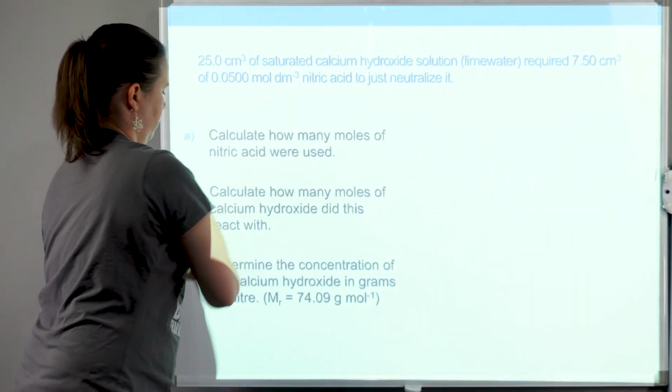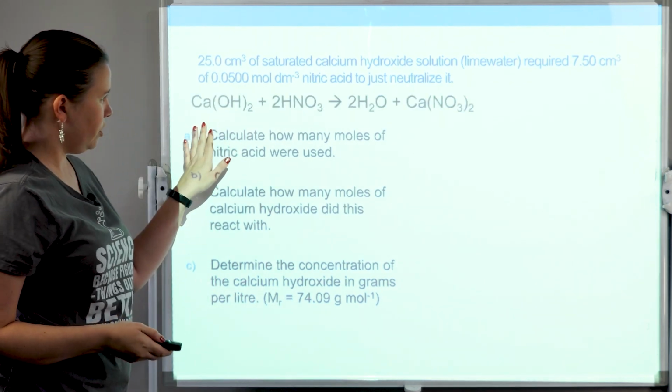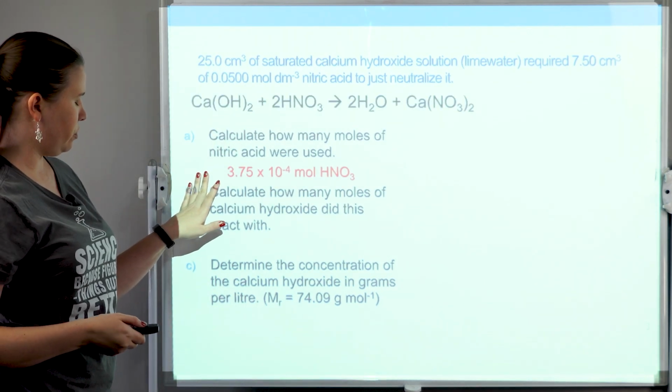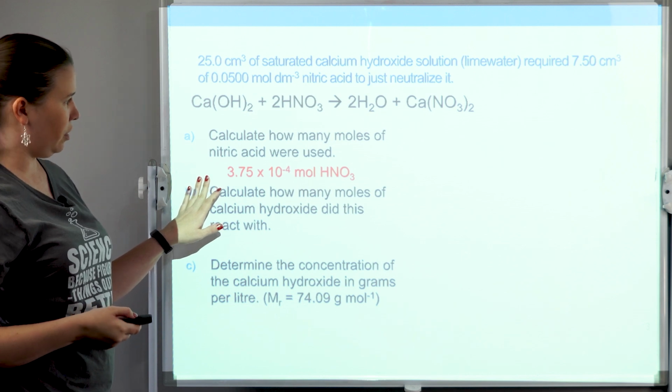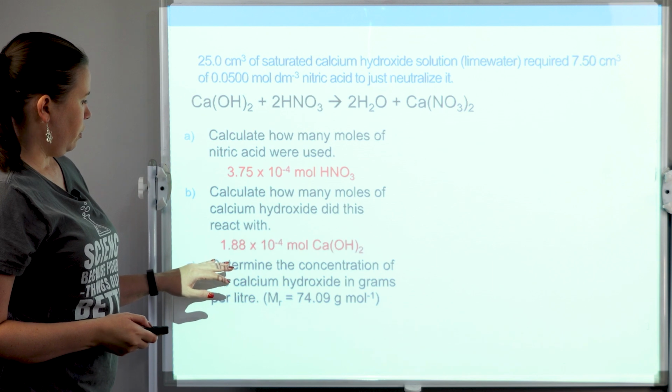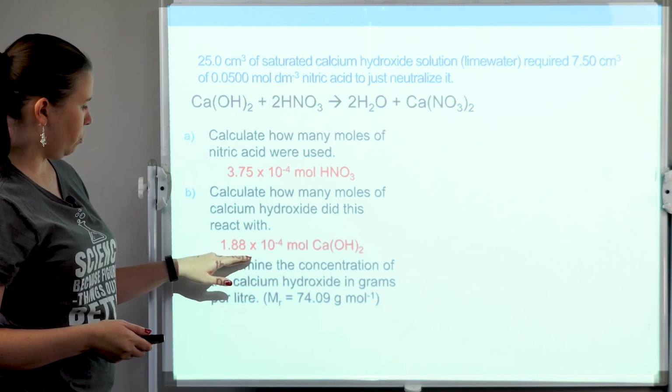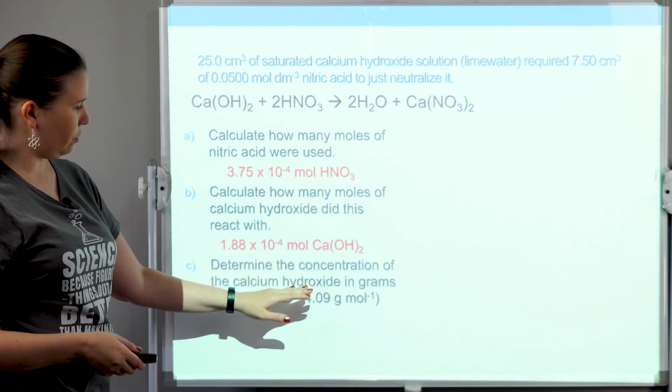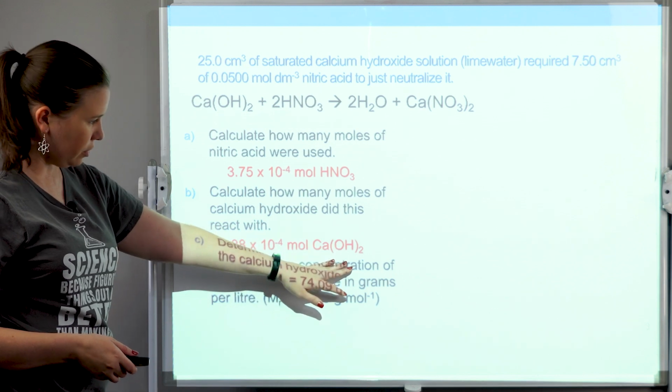All right, so we've got our balanced equation. Part A was 3.75 times 10 to the negative fourth moles of nitric acid. Watch that your units are complete. Then you got, for the base moles, 1.88 times 10 to the negative fourth moles of calcium hydroxide.